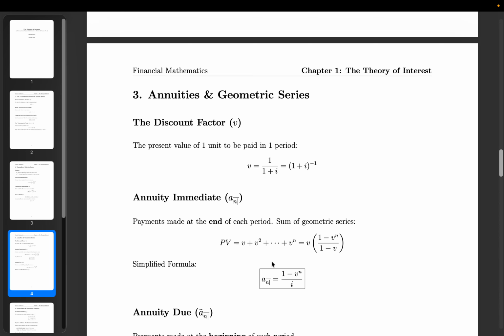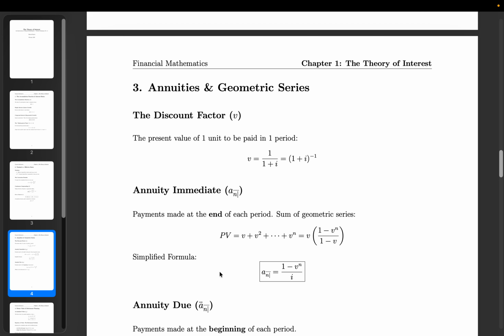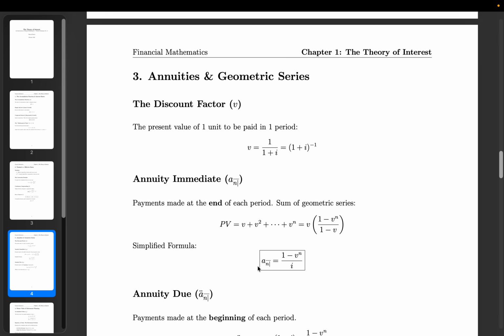The book uses the geometric sum formula to collapse this long chain into a single elegant fraction: a angle n equals (1 minus v to the power n) over i. This symbol, a angle n, is the present value of the annuity immediate.